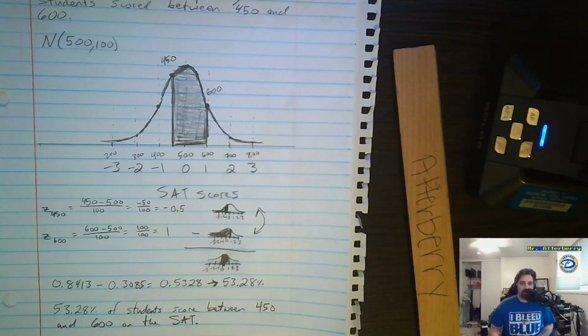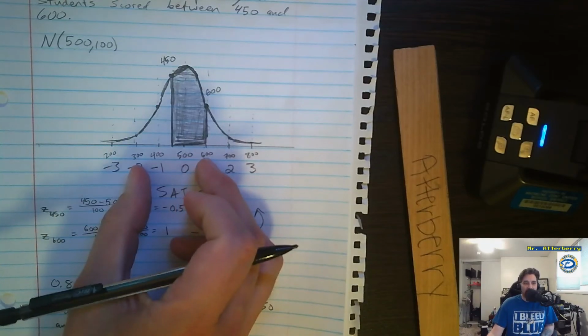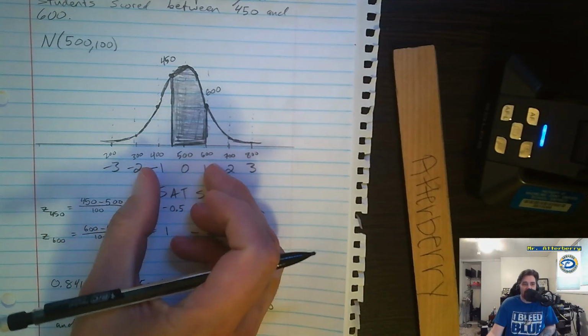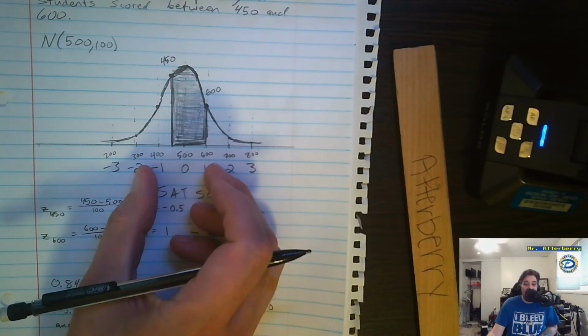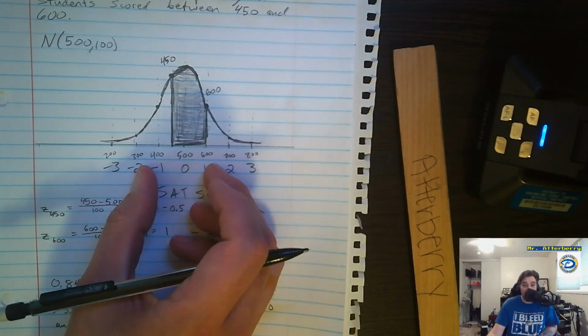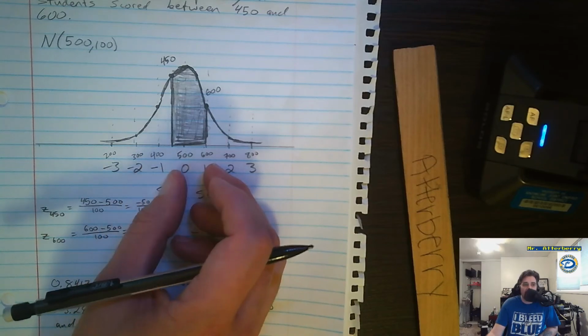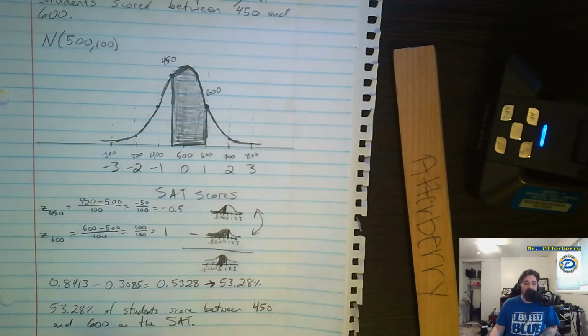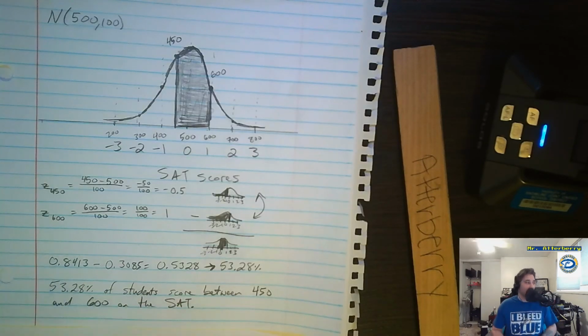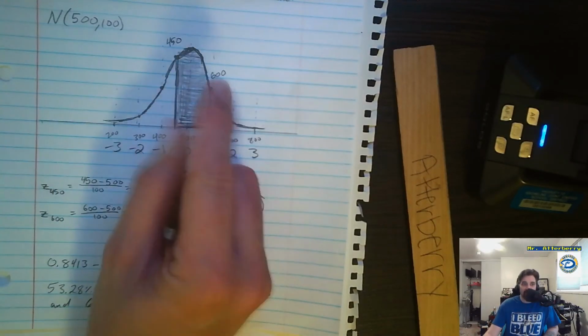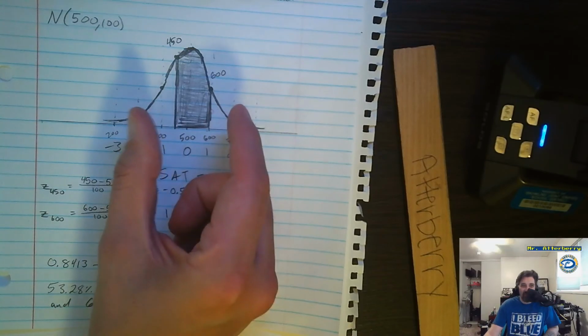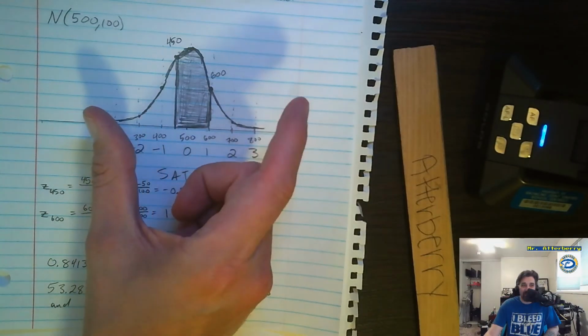But it kind of makes sense, right? If this whole area, remember we went over this whole area from -1 to 1 is 68%. And I'm only talking about this smaller area. It makes sense for it to be about 53%. So remember, if you think of the definition of this normal curve, it's 68, 95, 99.7.